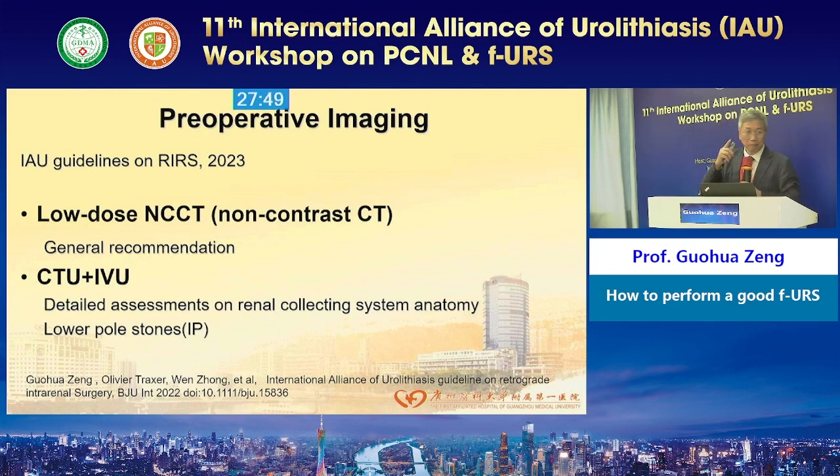Sometimes with a lower pole stone, you must check the infundibulopelvic angle, and you must talk with your patient before the operation. If this IP angle is less than 30 or 20 degrees, maybe it is very difficult, and the flexible scope cannot go in. You must tell the patient that sometimes flexible fails and you must change to a larger mini-PCNL, super mini, or ultra mini. Remember.